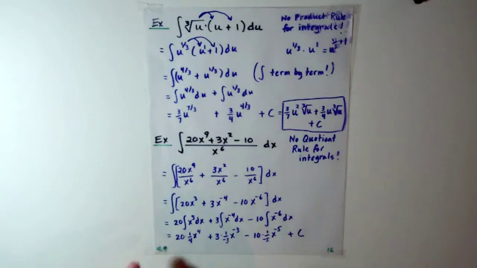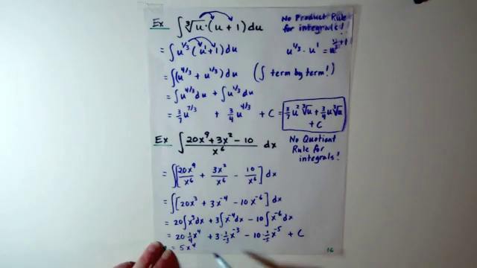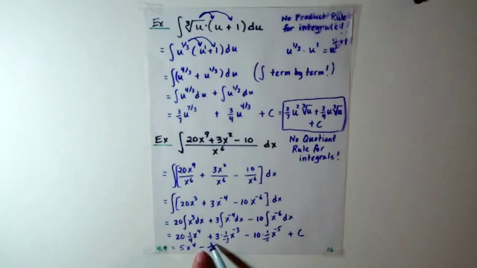Then it's just a matter of simplifying a little bit. Let's see, this 20 times 1/4 is 5x to the 4th. And 3 times negative 1/3 would be minus 1. And I'm going to write the x to the negative 3 as x to the positive 3 in the denominator. So far I have 5x to the 4th minus 1 over x cubed.